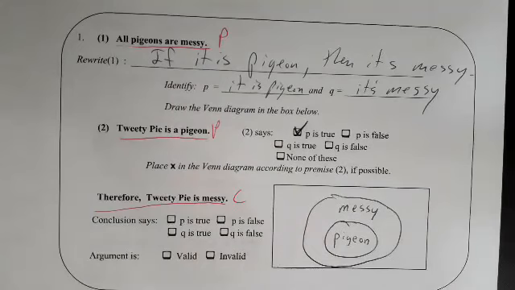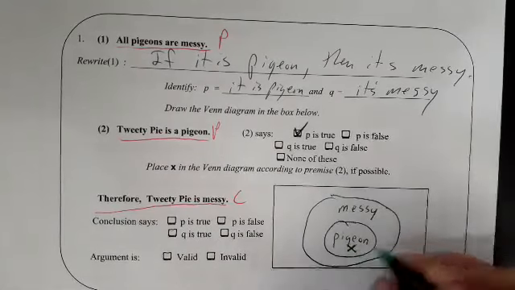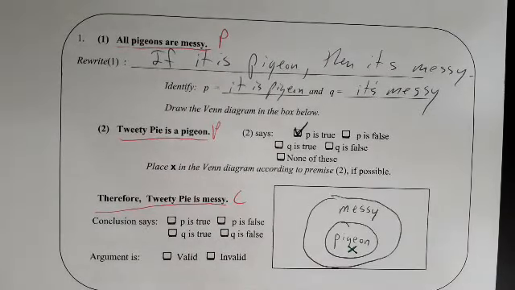Existential statements are going to tell me something about members, right? So Tweety Pie is a pigeon. This is telling me to put an X somewhere in here. Where is this telling me to put my X? Inside pigeon. Inside the pigeon, yes. Figuratively, not literally on that one, right? Okay, so put your X inside the circle that says pigeon.